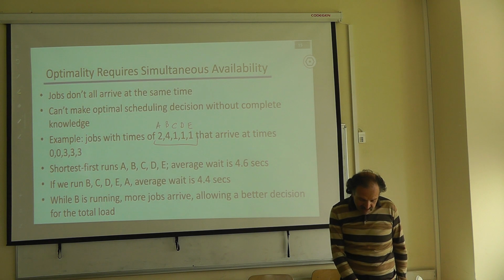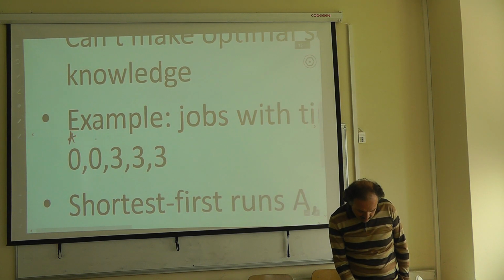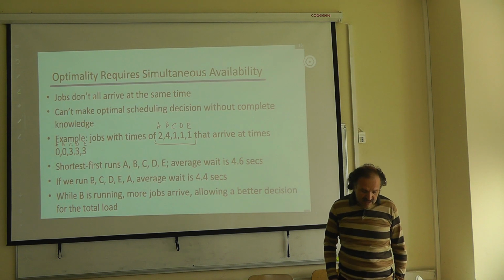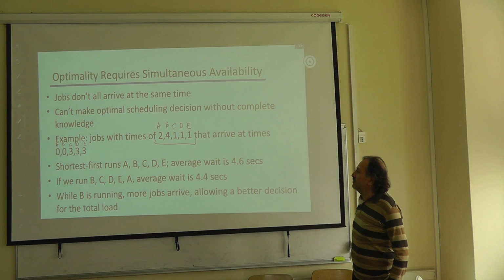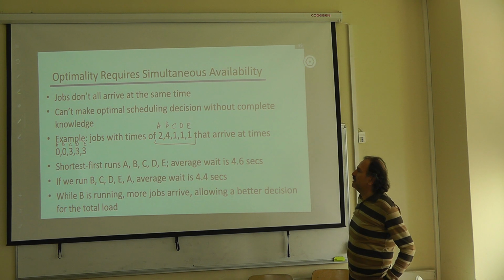But if these jobs arrive at time 0, A arrives at time 0, B arrives at time 0, and C and D and E, then I wouldn't know the optimal schedule because I don't have all the data with me.